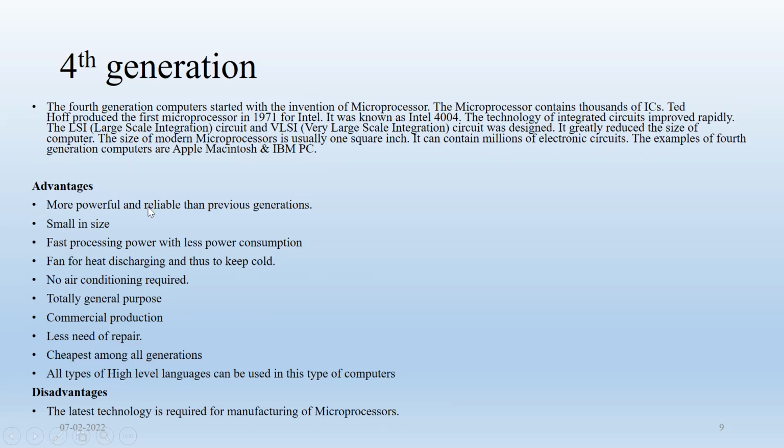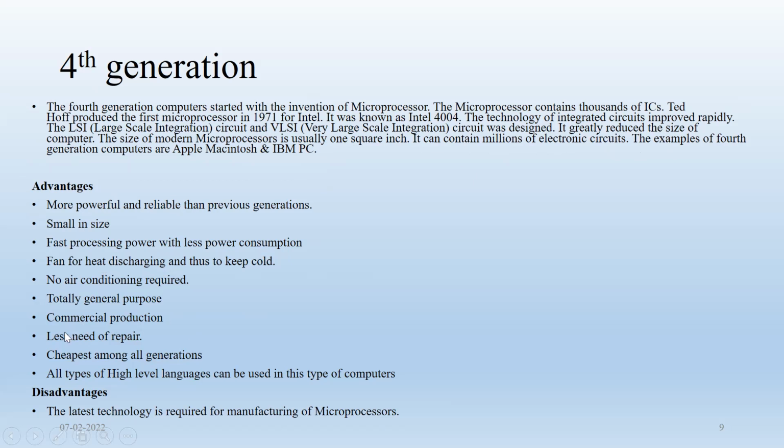Advantages: more powerful and reliable than the previous generation, small in size, fast processing power with less power consumption. There is a fan for heat discharge, so AC was not required. Totally general purpose, anyone can use it anytime.